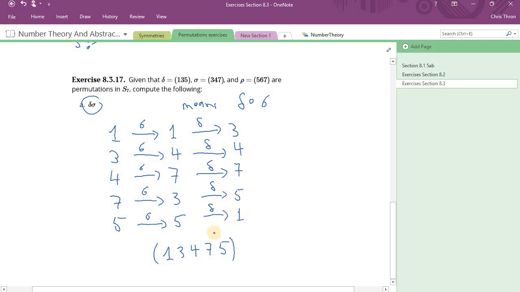All right. Now, we haven't included 2, and we haven't included 6. Okay. Where does 2 go? Well, sigma doesn't affect 2, and delta doesn't affect 2. So 2 doesn't go anywhere. I don't even write it. 2 and 6 are not changed. So you don't write them.